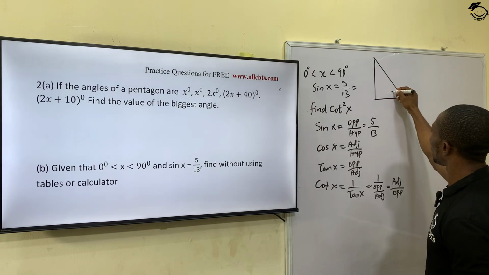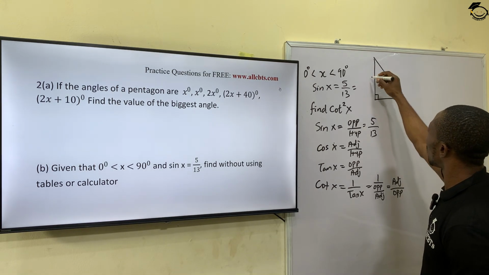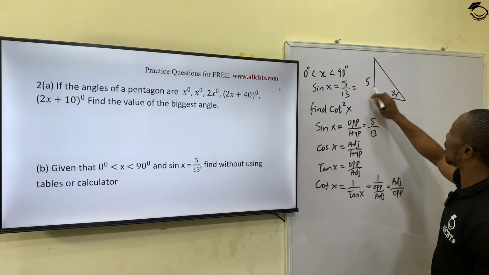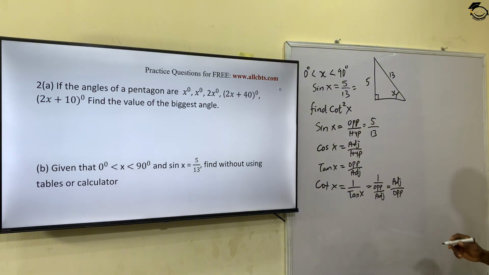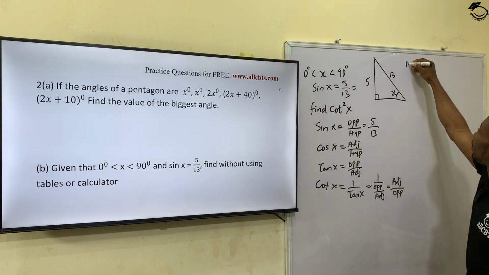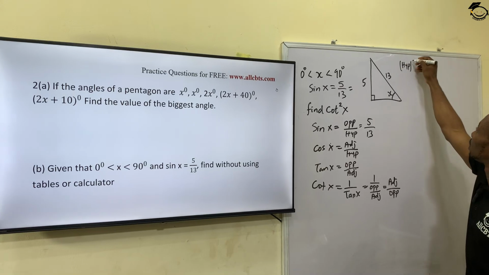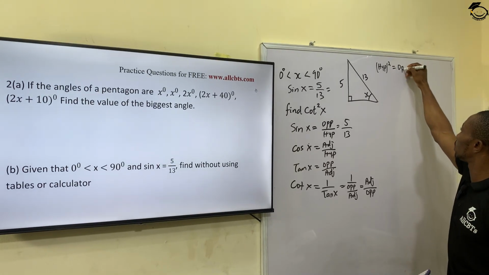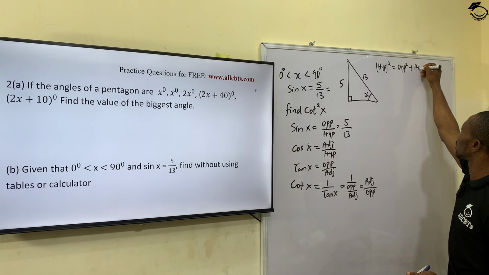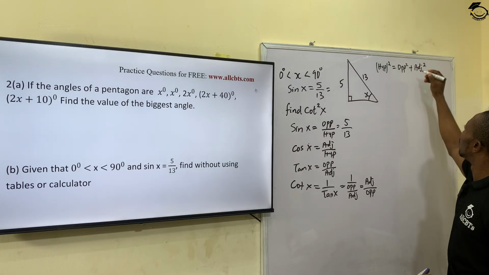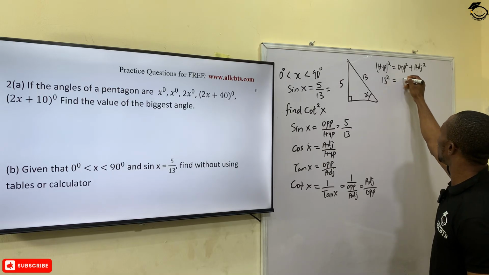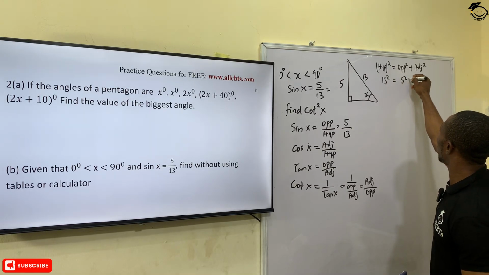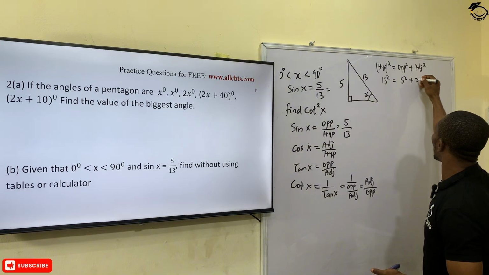So in a right angle triangle, let's call this angle x. Our opposite will be 5 and our hypotenuse will be 13. So using Pythagoras theorem, hypotenuse squared equals opposite squared plus adjacent squared. So 13 squared equals 5 squared plus adjacent squared.